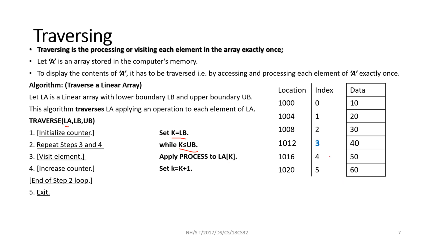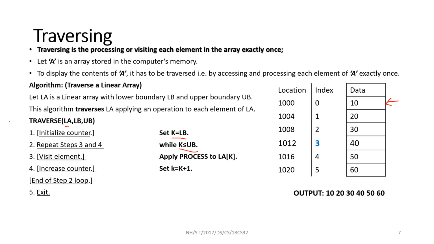If this is the array and 10, 20, 30, 40, 50, 60 are the elements, the lower index is 0, the upper index is 5, and the size is 6. We start the traversing operation. K value is 0, and the element in that place is 10, so we get 10.